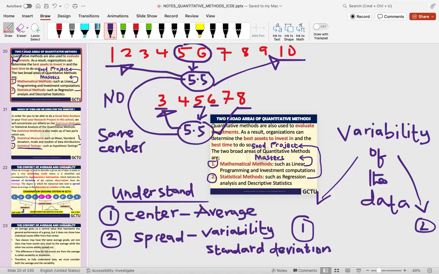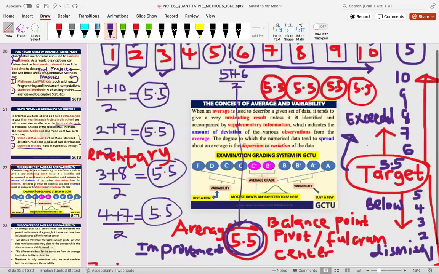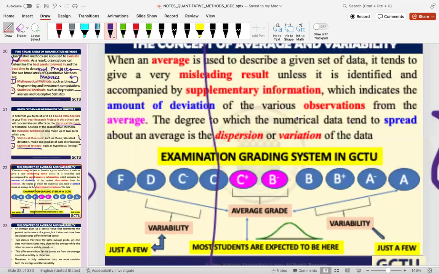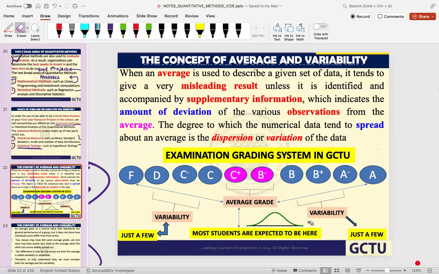And that is what I want you to look at. So that was where I wanted to start the class today, but because I haven't taught you before, I needed to give you all those examples I did. So when you see average and variability, they are the first two information we need from data.